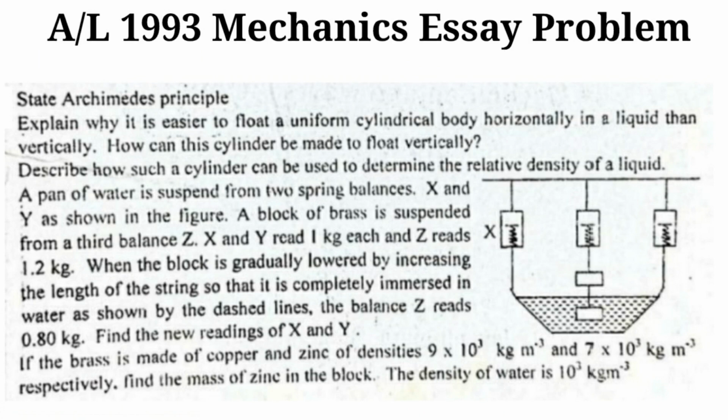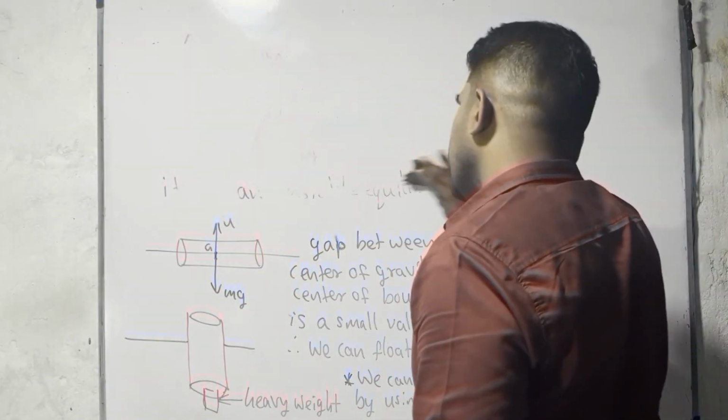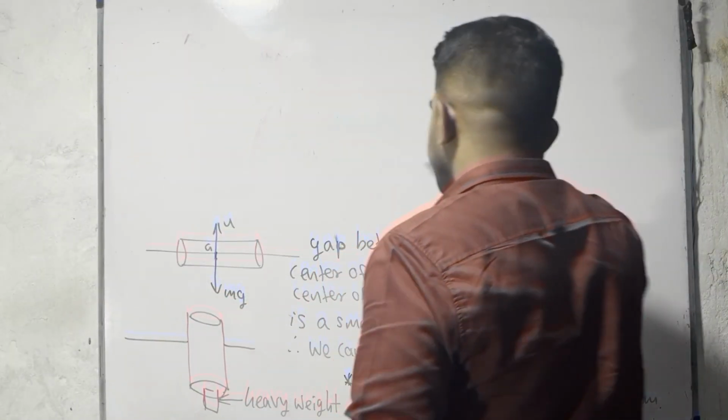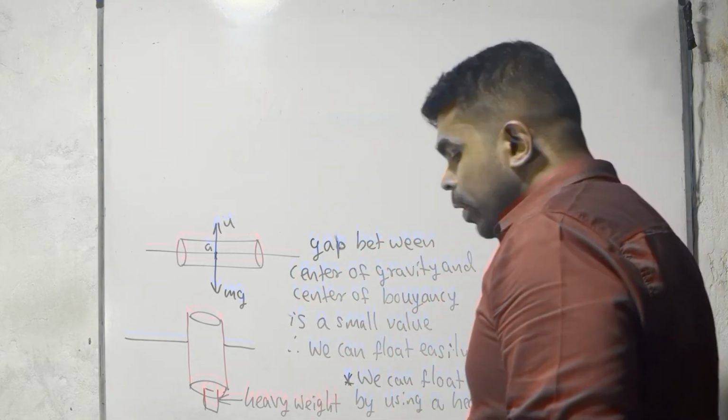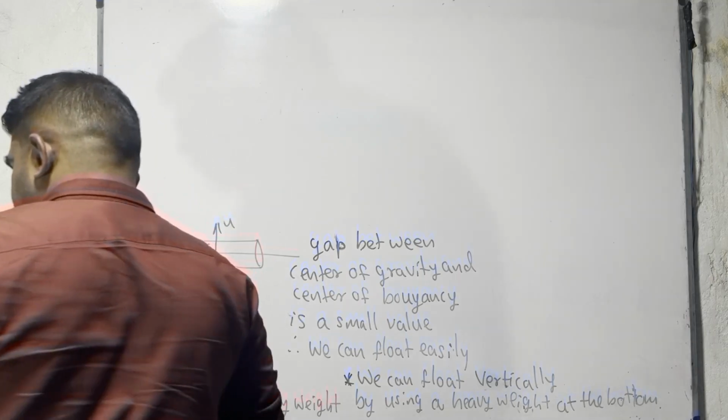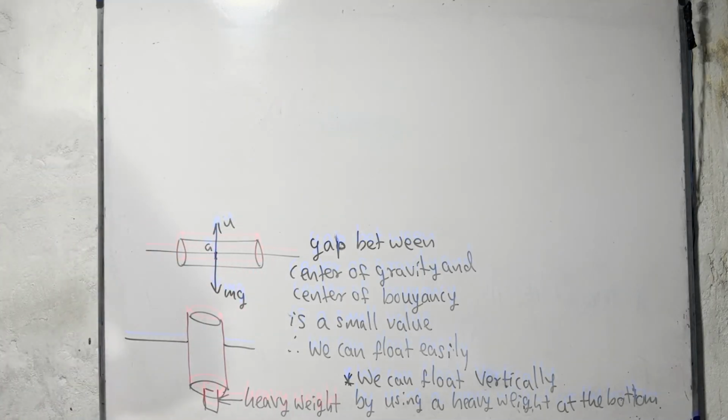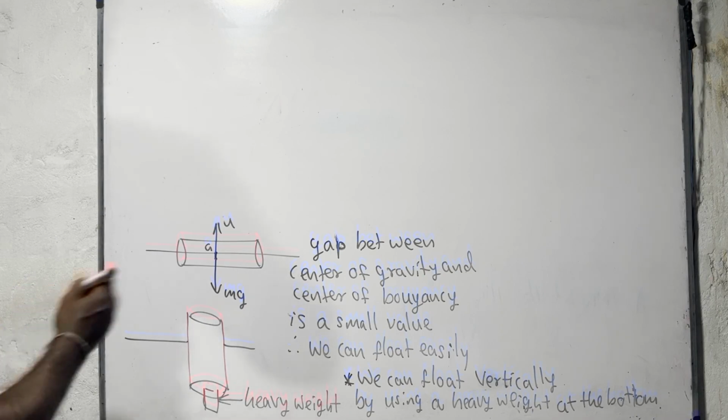Then next part, describe how such a cylinder can be used to determine the relative density of a liquid. We can immerse the cylinder in the corresponding liquid and water separately, and we can measure the immersed depth of the cylinder.